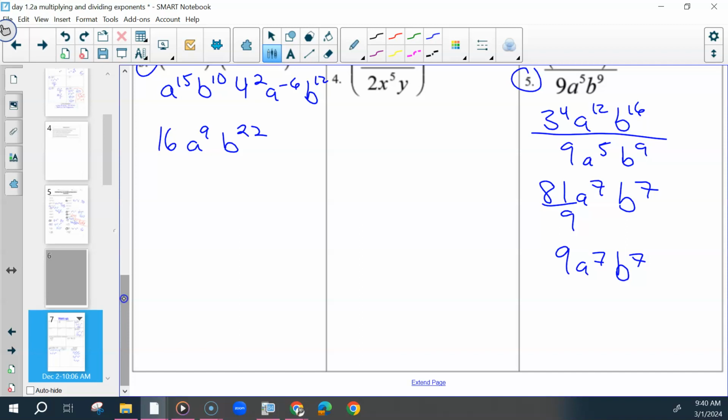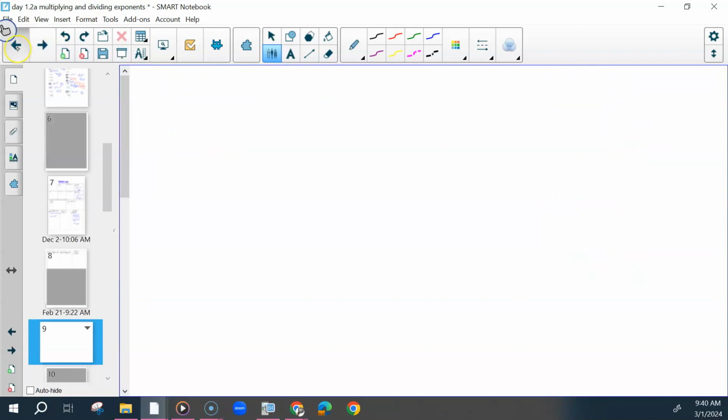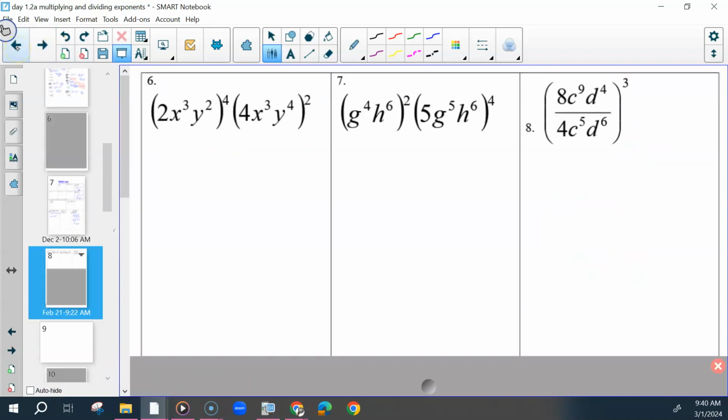Numbers 6 through 8, questions on those? I will say that 6 and 7 are similar to number 3 that we just did, except 6 has 2 numbers on the inside instead.